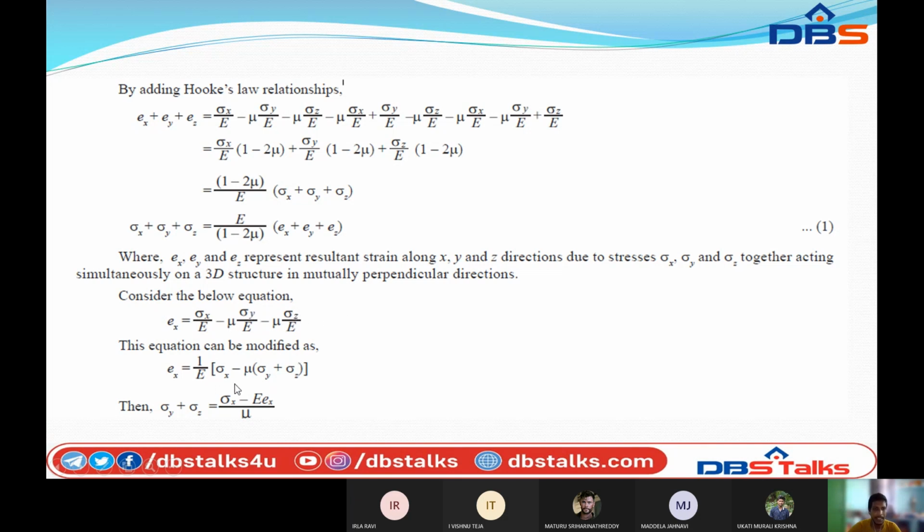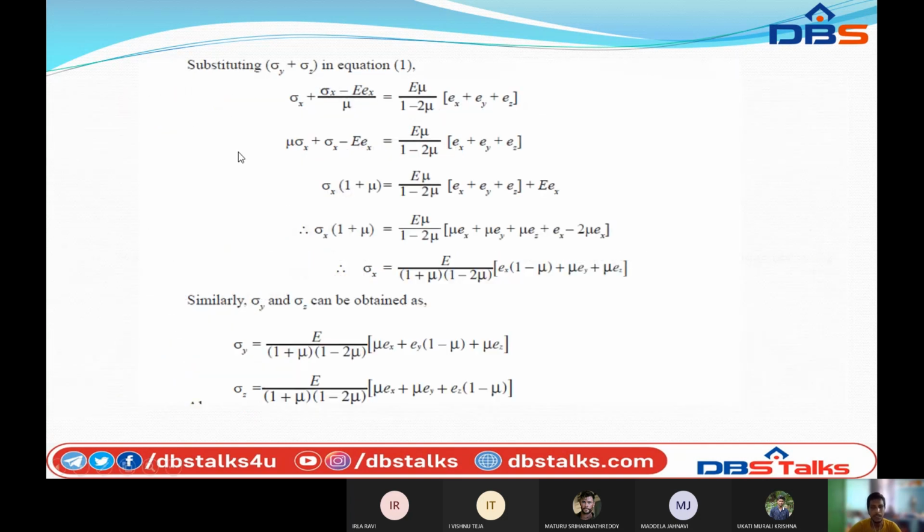Please observe, taking only sigma y plus sigma z, that equals sigma x minus E into Ex divided by mu.